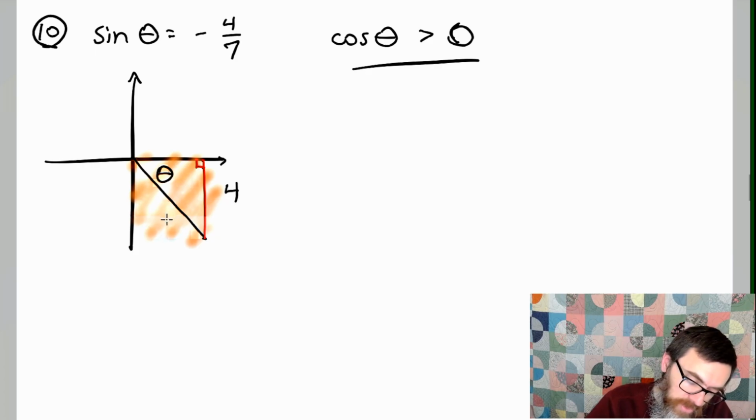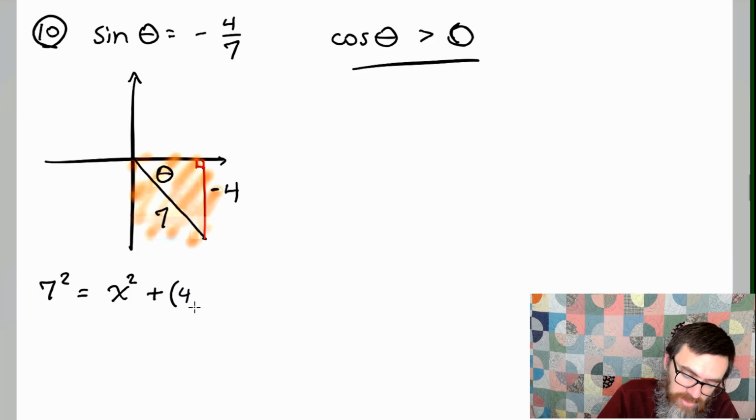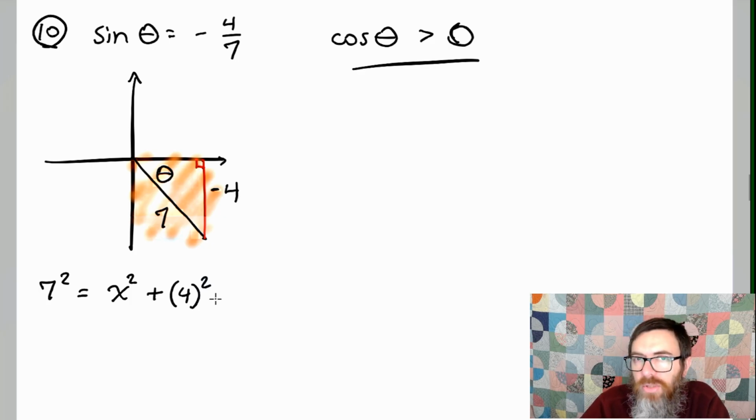So sine is supposed to be opposite over hypotenuse. So 4 over 7, but it's going to be a negative 4 because you see that we're going down. Find the missing side length right here. So that means that 7 squared is equal to x squared plus 4 squared. The more of these you do, the more you can learn to manipulate the Pythagorean theorem to do your will.